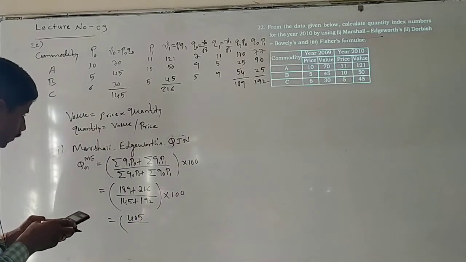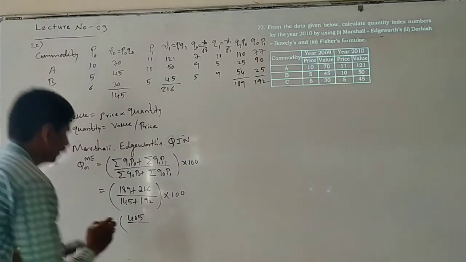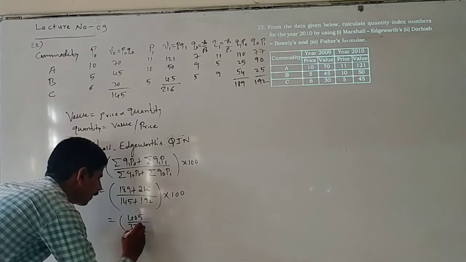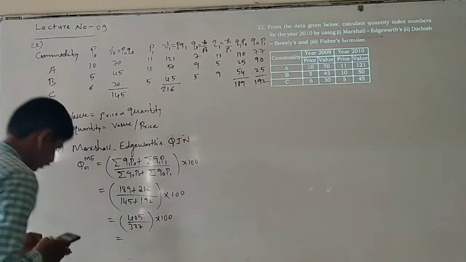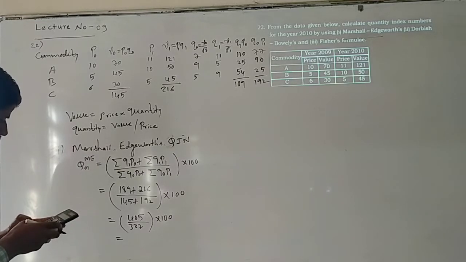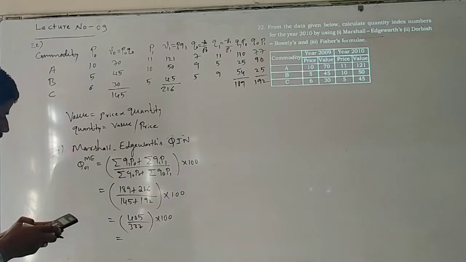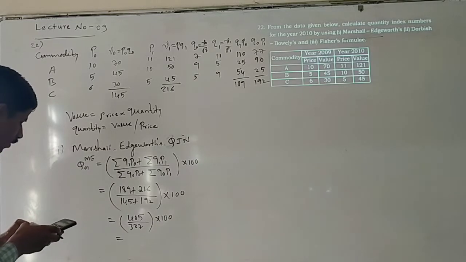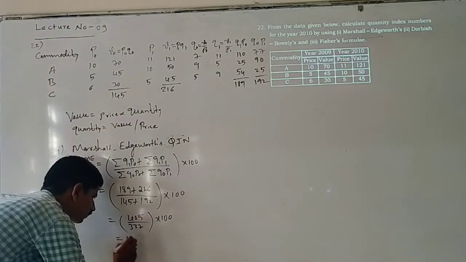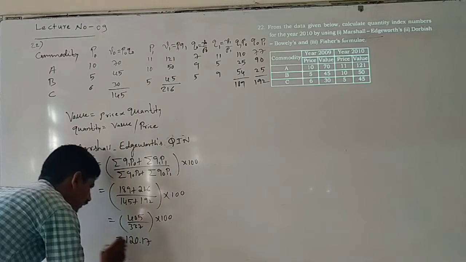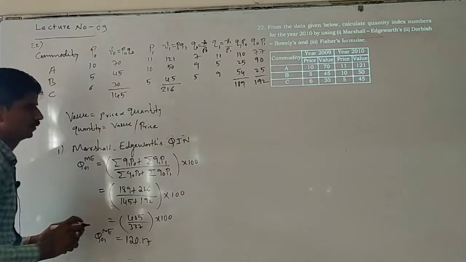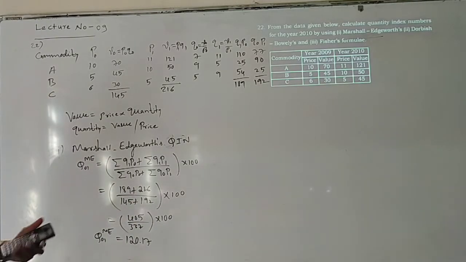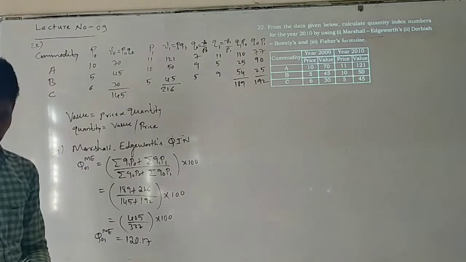Next 145 plus 192 is 337, into 100. Here 405 divided by 337 is 1.2017, into 100 is 120.17. It is the Marshall-Edgeworth quantity index number. Here the Marshall-Edgeworth quantity index number is 120.17.